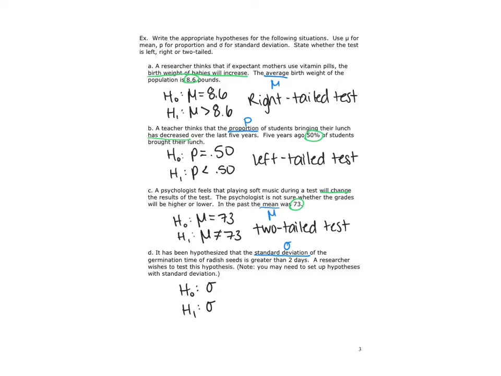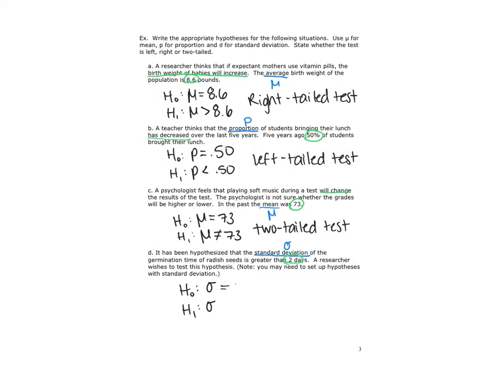The difference in this problem versus the first three that we did was that all they're giving is the claim. They didn't actually tell us the null value by saying it's known that the standard deviation is 2 days. But in saying that we believe it's greater than 2 days, that implies that the null value is at 2 days.